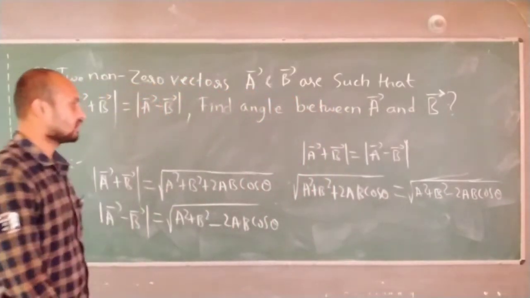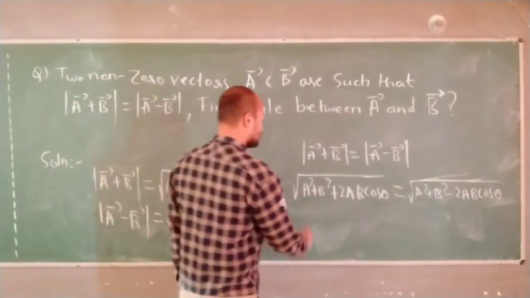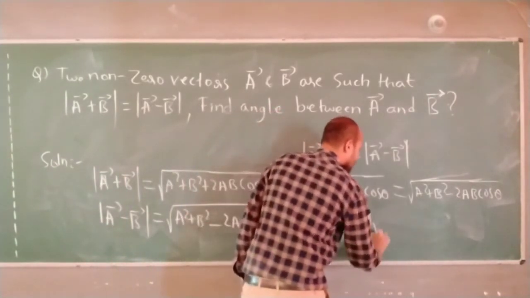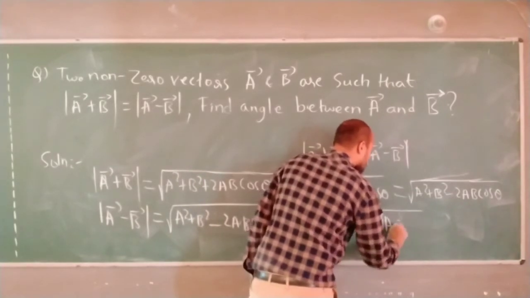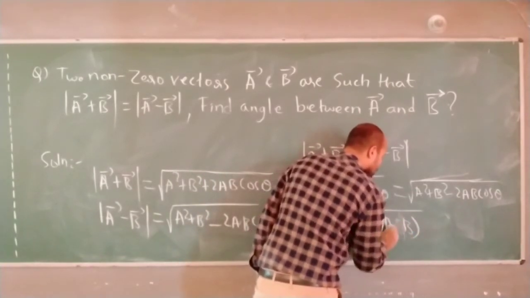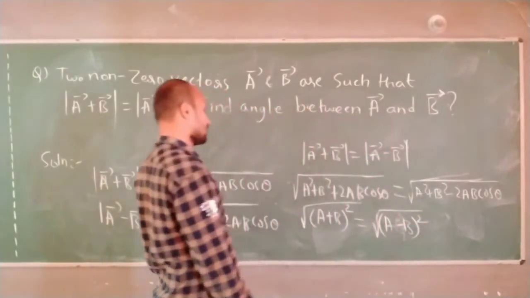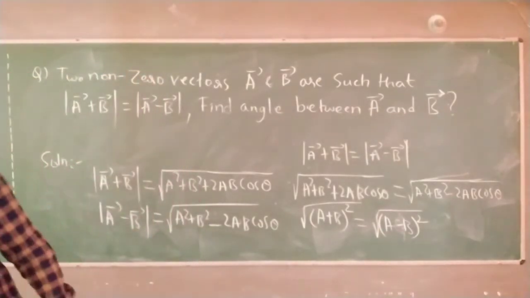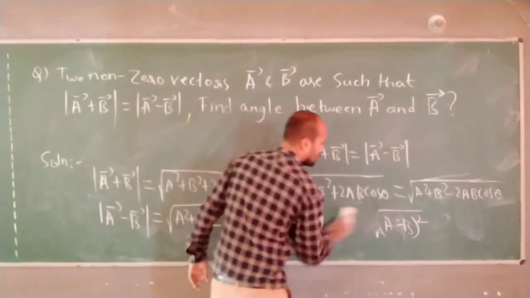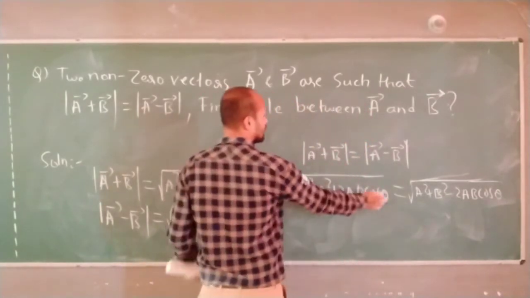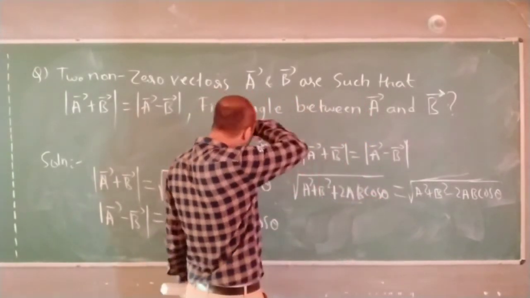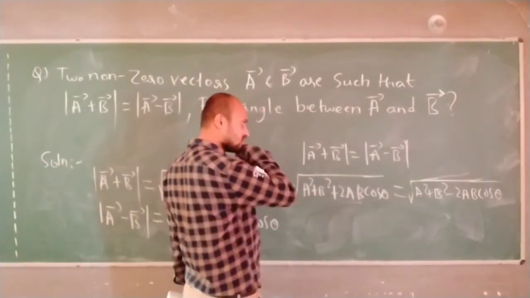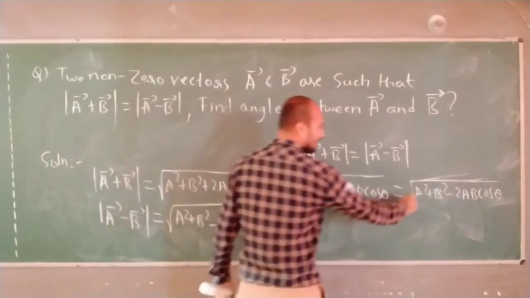I cannot do it like (A plus B) whole square equals (A minus B) whole square directly because cos theta is there. But I can square both sides. If I square them, the roots go, and the remaining things get cancelled.